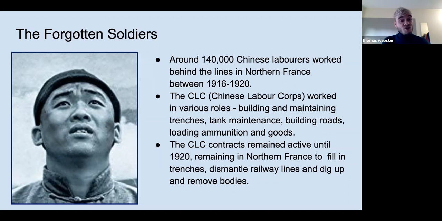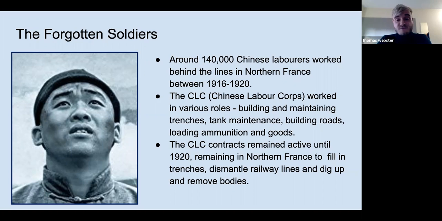The CLC, or the Chinese Labour Corps, worked in various roles: building and maintaining trenches, tank maintenance, which is incredibly significant because, as Henry mentioned, the tanks were a hugely significant weapon used in World War I. And they also built roads, loaded ammunition and goods.